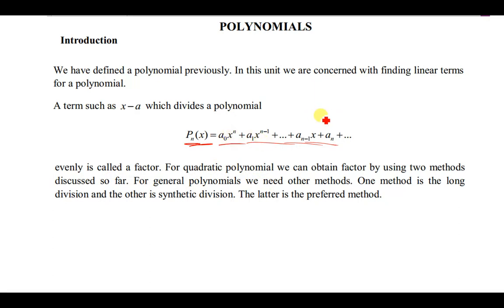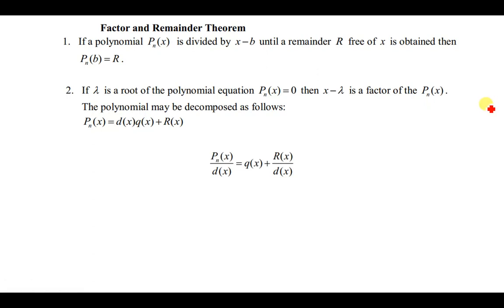This implies that even a quadratic equation is a polynomial with degree 2, because a quadratic equation is in the format ax squared plus bx plus c is equal to 0. So a polynomial is a function that has a degree of 2 and above.